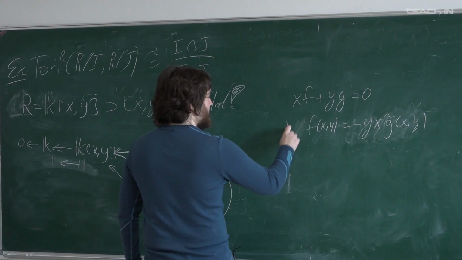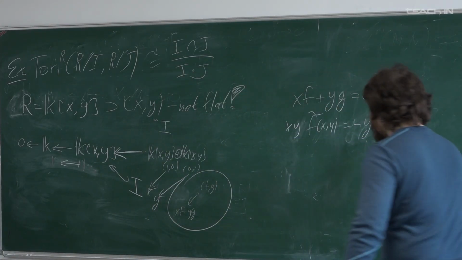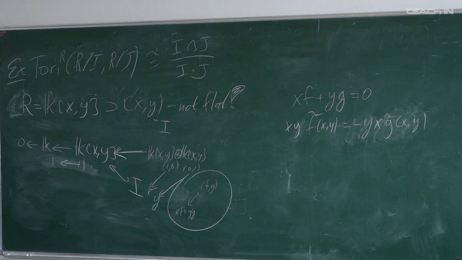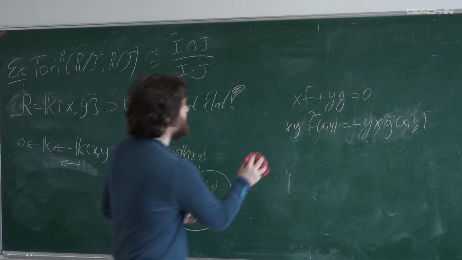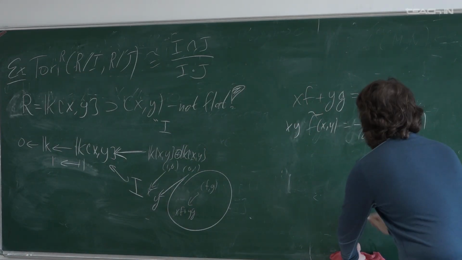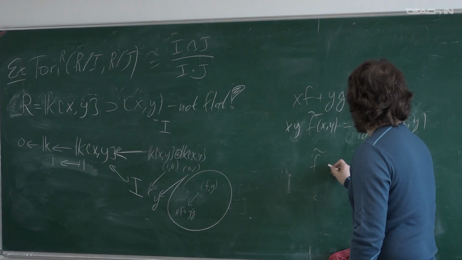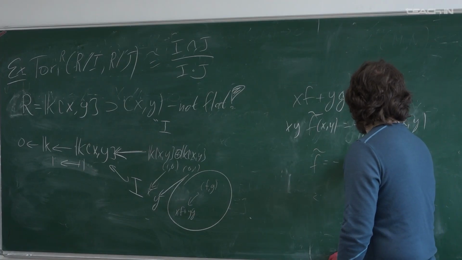So we have xy f tilde, and we can divide by xy and obtain that f tilde is equal to minus g tilde.